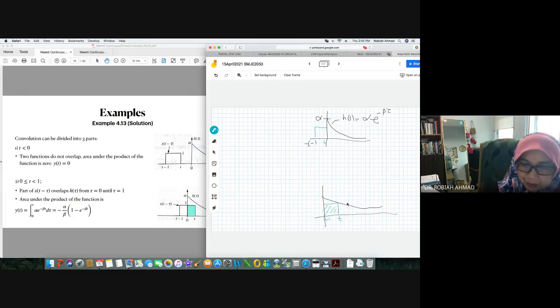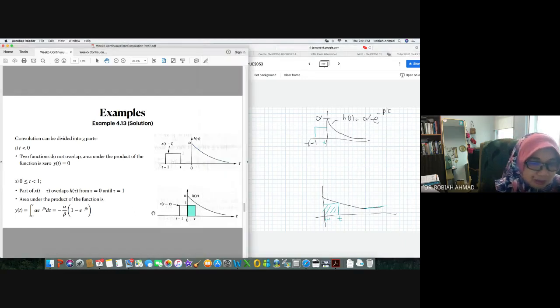Dia akan sentiasa overlap even though yang ni mengurang walaupun dia start to decay, but then the functions always be the same. So for this one, function dia adalah 1 times with the ht is alpha e minus beta tau, exponential minus beta tau d tau.